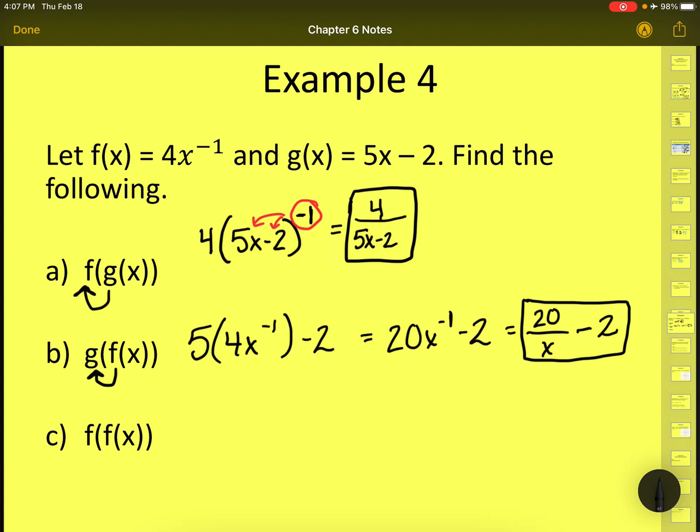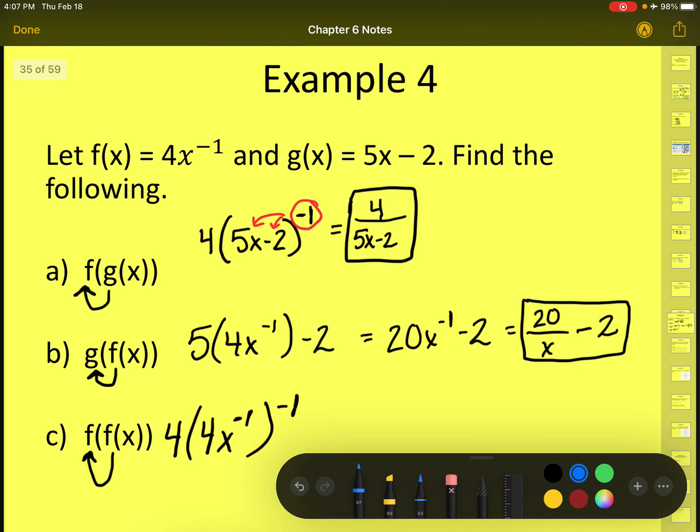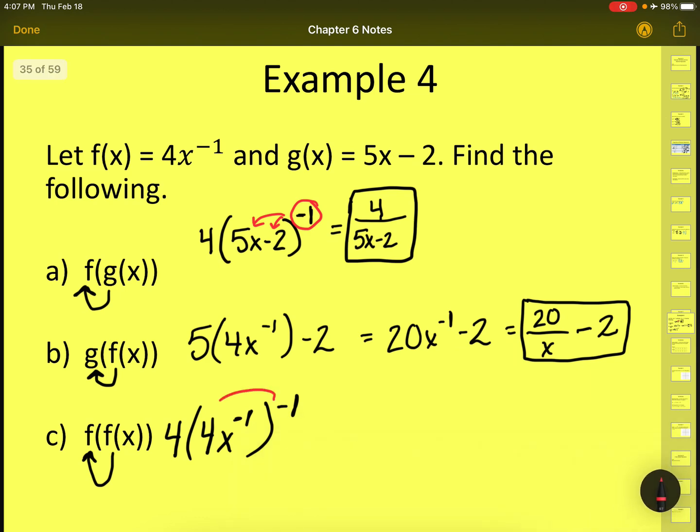And the last one here, we're going to take f and plug it into itself. So starting out with a 4, and we're plugging f into itself again. And don't forget it's all still raised to that negative 1. So now we're going to take that negative 1 again and distribute it to both of the terms on the inside.